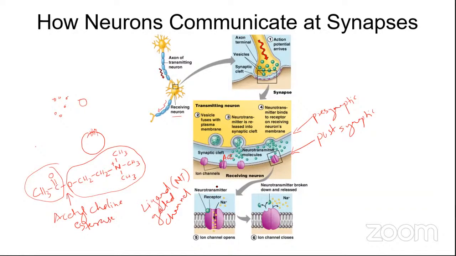However, if it somehow escapes from the action of acetylcholinesterase and binds to the receptor protein, which is a ligand gated ion channel here in this case, then it opens the ion channel and creates the action. Now, what is the controlling factor here according to you?